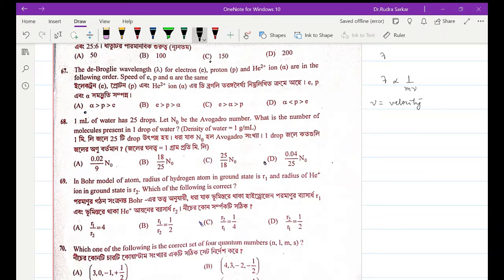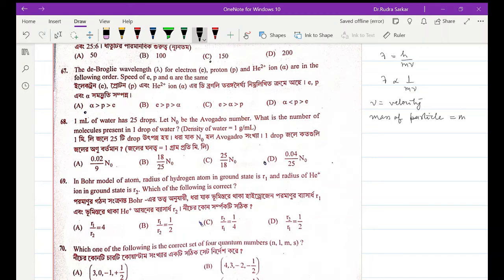because we know, according to de Broglie's equation, h by mv, that is lambda, and m is the mass of particle. That is equal to m. So what do we know about the mass of electron, proton, and helium particles?